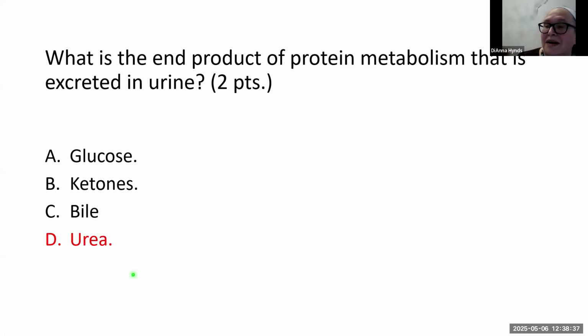Urea has an amino group, meaning an NH2 group, and so it can come from proteins. Glucose is a sugar, ketones derive from sugars, and bile is a mixture of sugars and lipids. So the only one that can really come from protein is urea, and that is the best answer here.